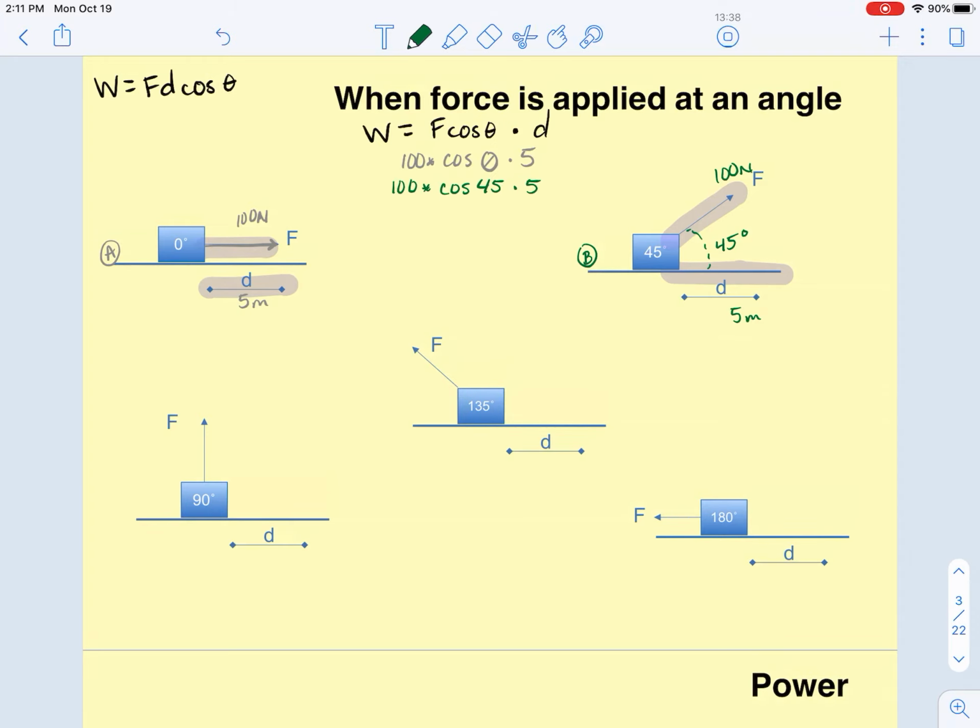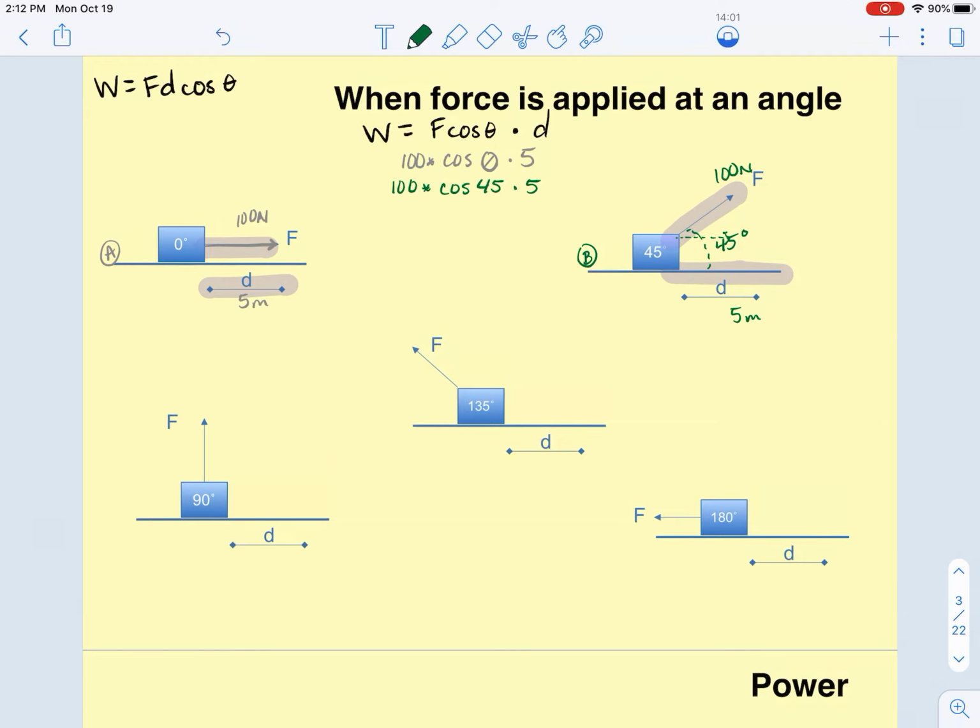either because you can see that the component of the force is in the same direction as the displacement. If we look at what F cosine theta means, that represents this force component right here, which would be in the same plane. So the force is not only in the same plane, but also in the same direction, pointing to the right for this particular example. So we would have a positive force applied, so we would have positive work done.